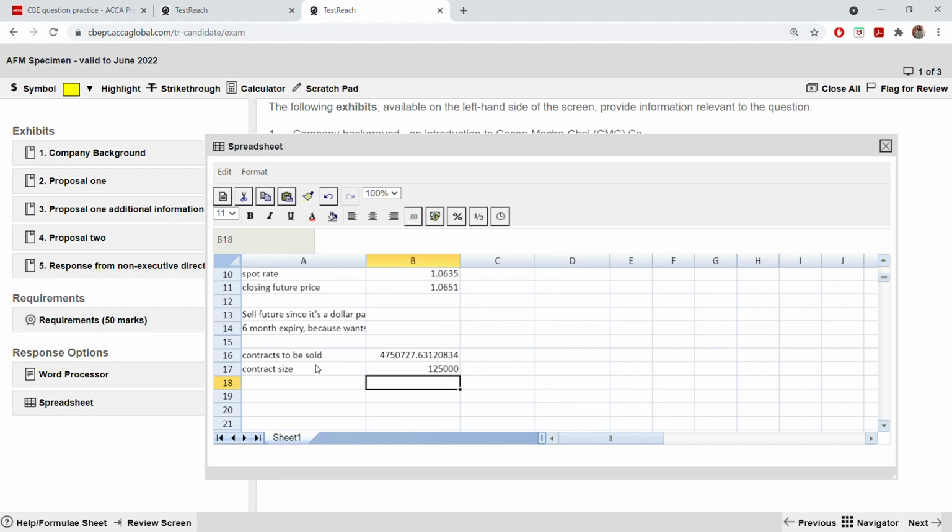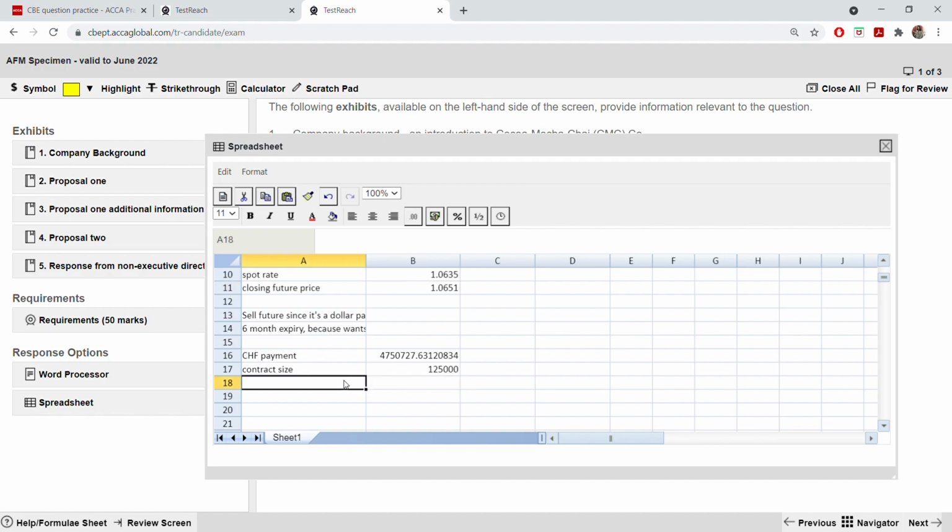Now, I'll not write this as contracts to be sold. I'll write Swiss franc payment. So payment in Swiss franc now. Dollar payment you have converted into Swiss franc using closing future price. Now do you understand why we have to calculate this closing future price to convert that?